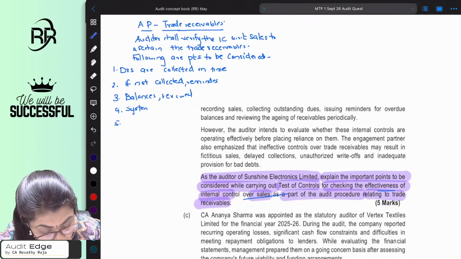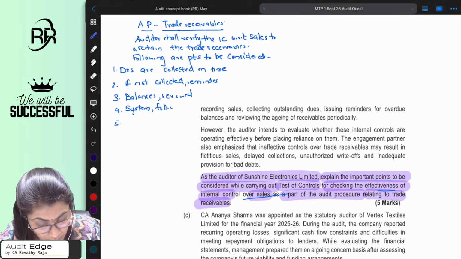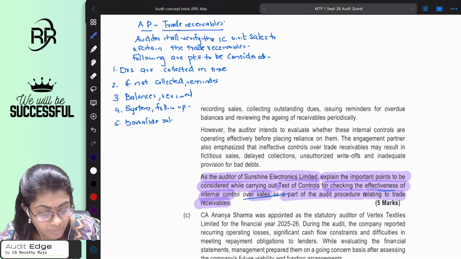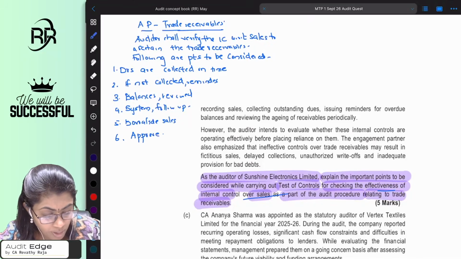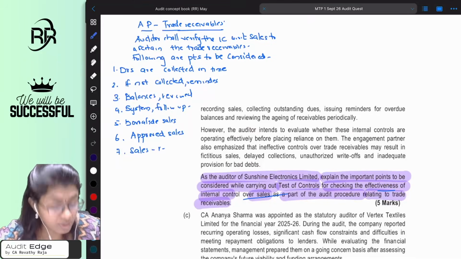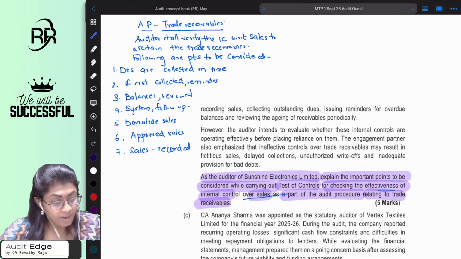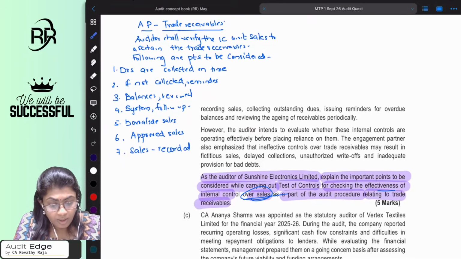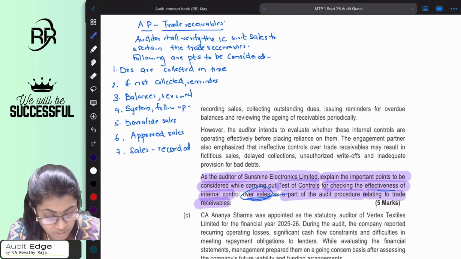Then only bona fide sales, bona fide means proper, should be recorded. All sales should be approved. Then sales should be properly recorded in the books. Why are we concentrating on this? Because they have asked about sales, what are the controls? There should be proper segregation of duties.